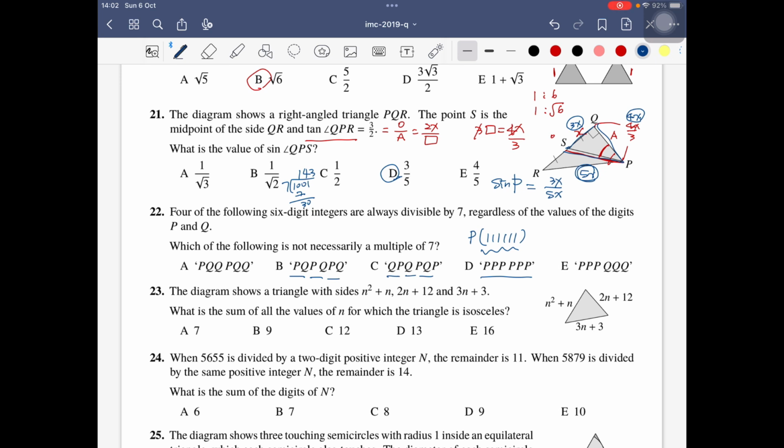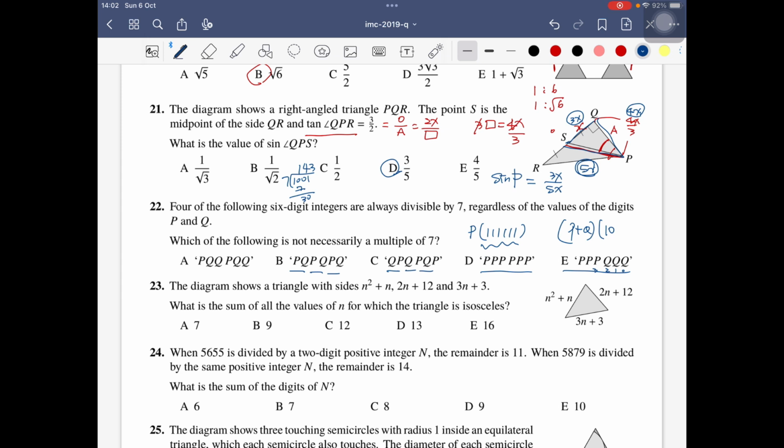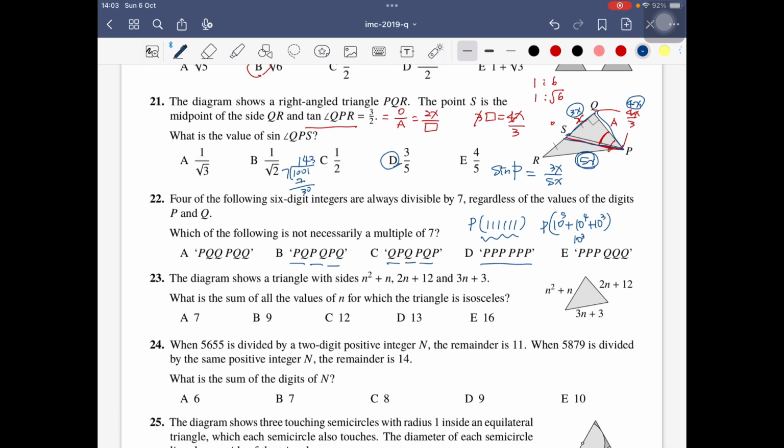Before we go there, we can try this one, P plus Q. This will be 10 to the power of 3 plus 1, and 10 squared times 10 plus 1. So 1, 1, 1. Did we check 1, 1, 1?